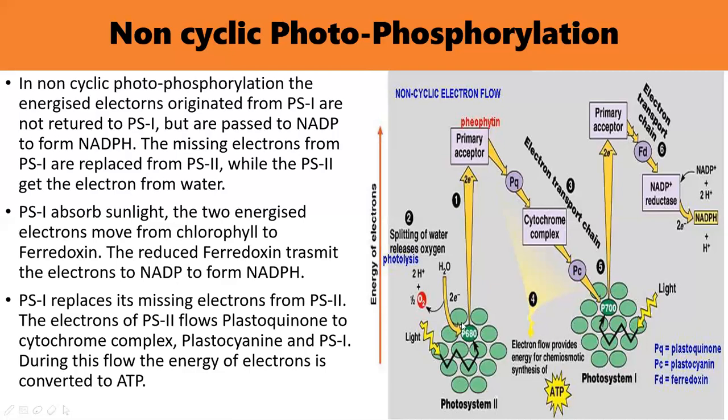This photosystem 2 absorbs the wavelength of 680 nanometers, and these accessory pigments transfer the energy to the reaction center, chlorophyll A molecule. Then the energized electrons come out from their orbit and pass through the different electron acceptors such as primary acceptor, plastoquinone, cytochrome complex, plastocyanin, and finally reach photosystem 1 to replace the missing electrons.